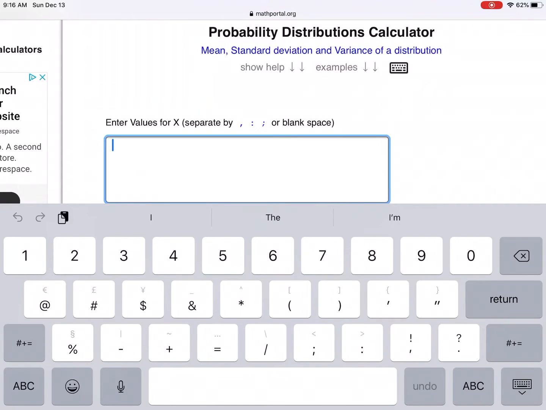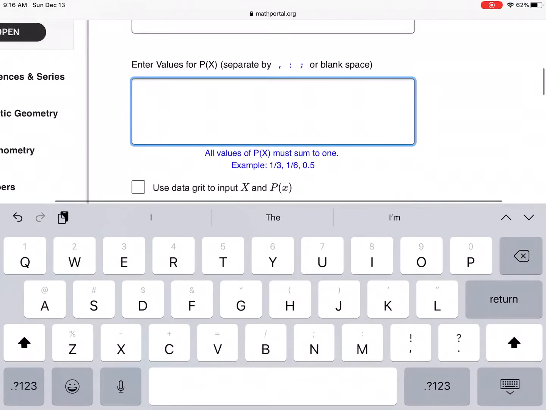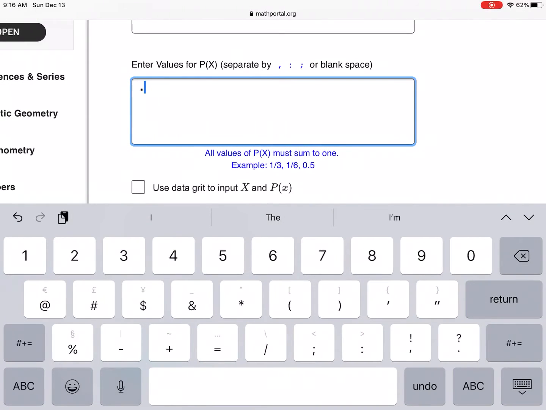I have a possibility of losing $2, losing 50 cents, making $1, and making $2.50. And what are the probabilities of that? Well, 30% I will do the first outcome, 40% of the time I'll do the second outcome, 20%, and then 10%.